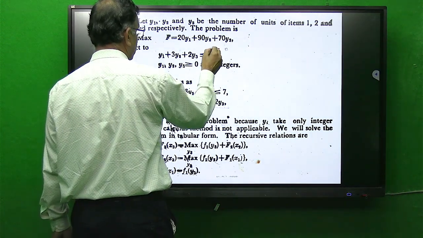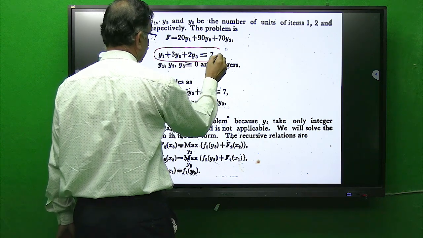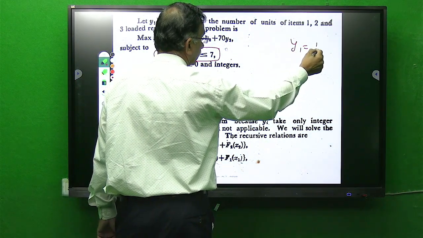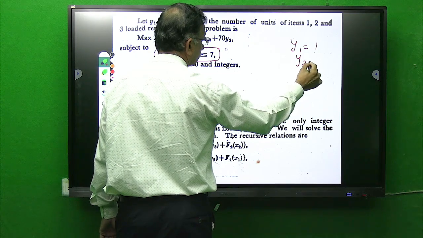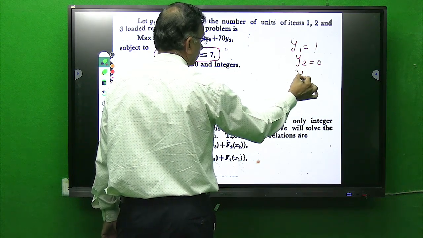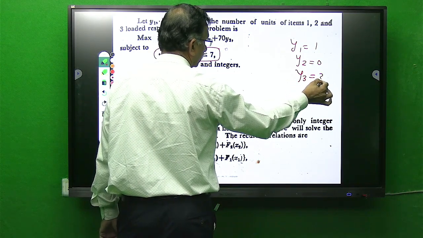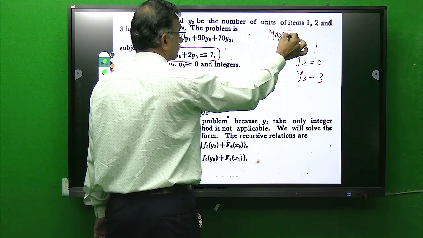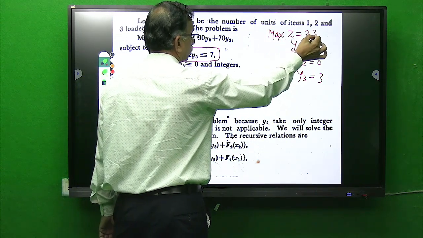This was the constraint, students, and we get values of y1 as 1, y2 as 0, and y3 as 3, and max z as 230.